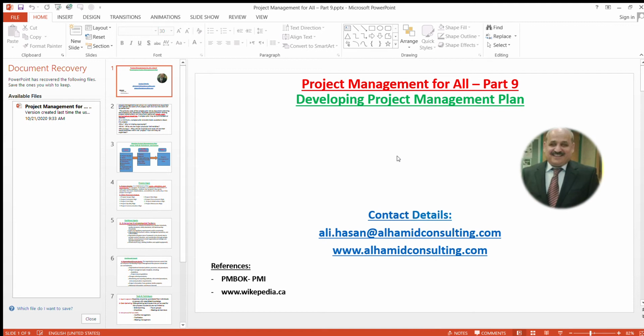In the initiation phase, we set the stage for the project and get the go-ahead for it. In the planning and design phase, we do all the planning and develop the roadmap for executing the project, which is called the project management plan, and also produce all the documents which are required to execute the project.